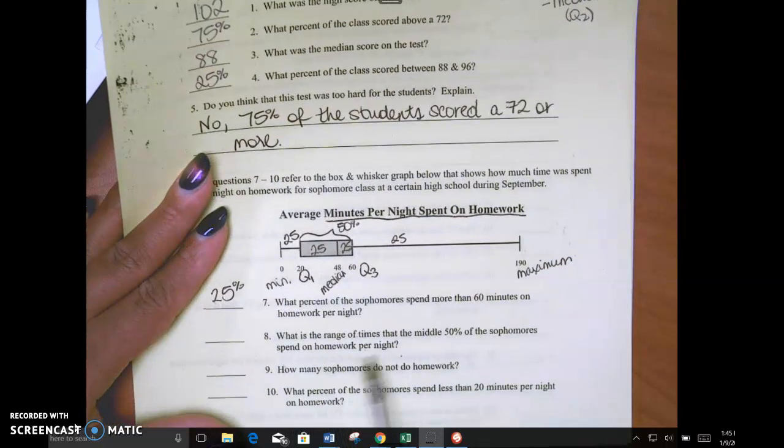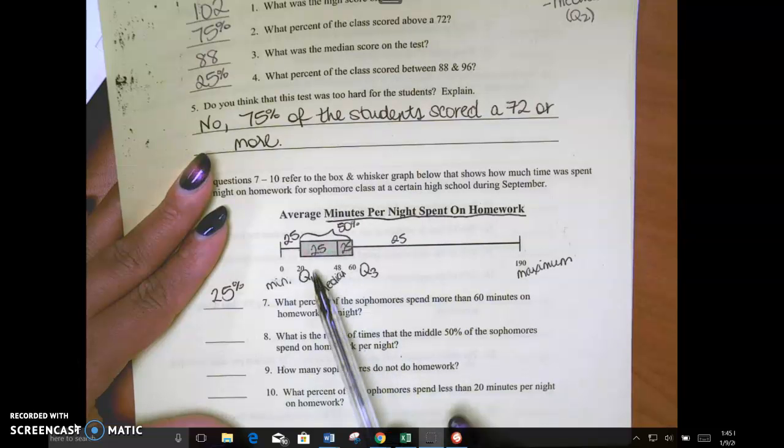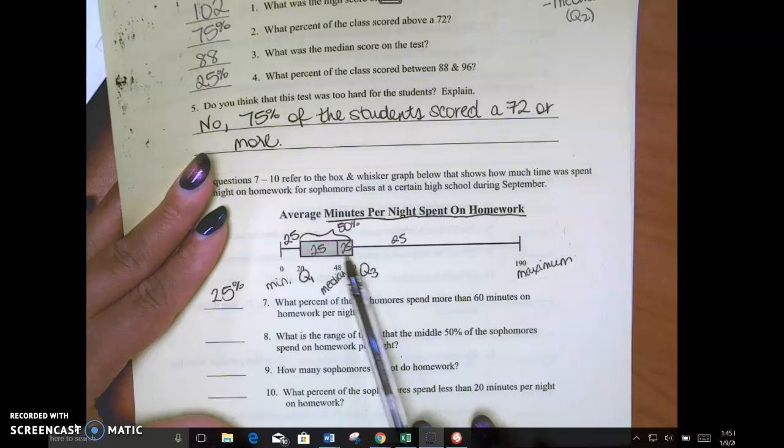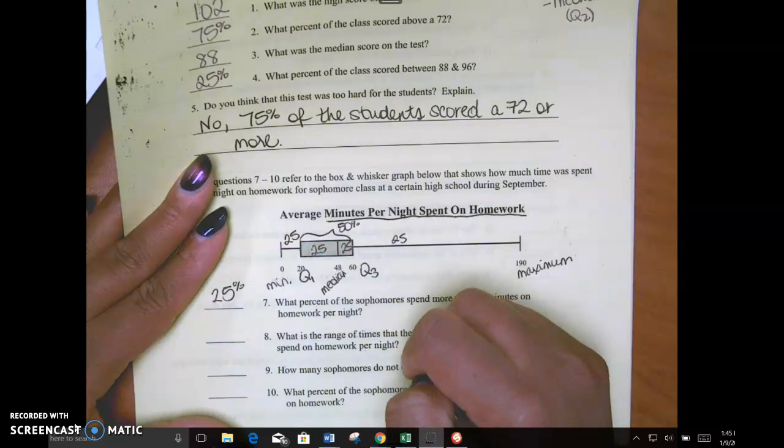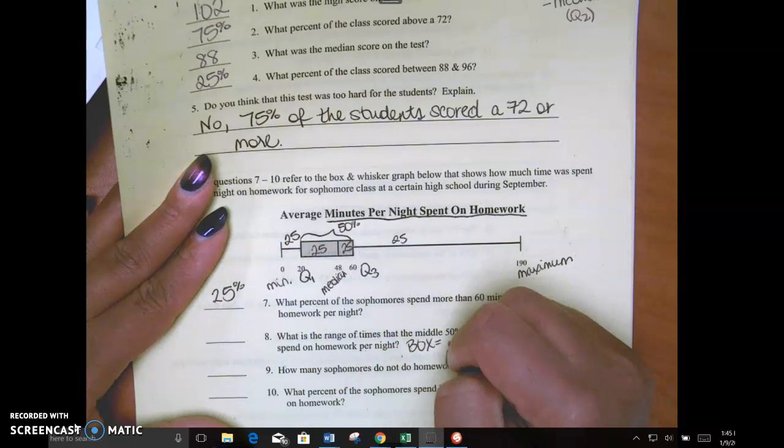What is the range of times that the middle 50% of the sophomores spend on homework per night? 40, because I'm going from 20 minutes to 60 minutes. I have to look at my middle 50%, which is the box. This is also called the interquartile range.